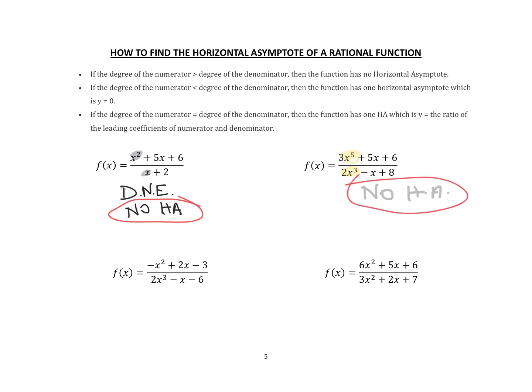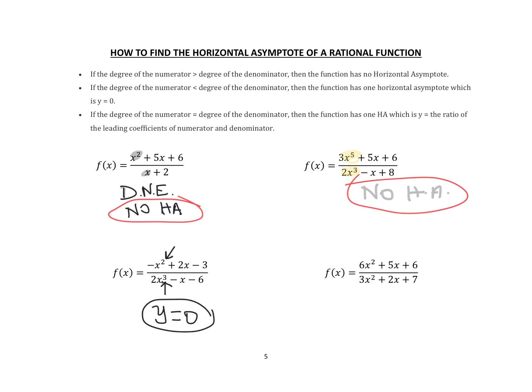I compare the degrees, and here I see the degree of the bottom is more than the degree of the top. So that means the asymptote is going to be y equals 0 always. The next one here, I see the degrees are equal.